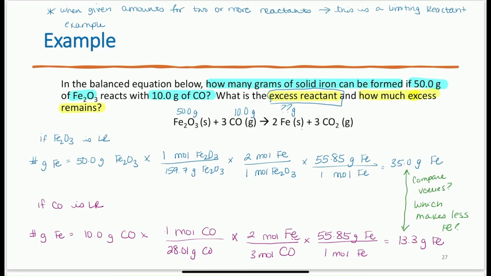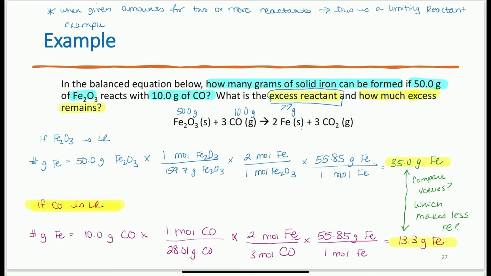We haven't even figured out the excess problem yet. But when I look at these, I see that the iron 3 oxide could make 35 grams of iron, while carbon monoxide could only make 13.3 grams. What that means is that carbon monoxide is my limiting reactant. This means I can only make 13.3 grams of iron.